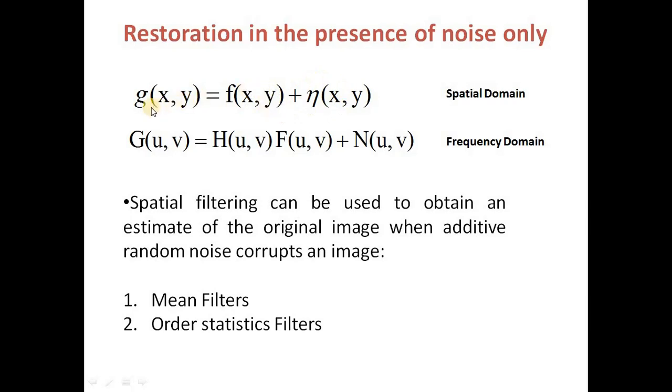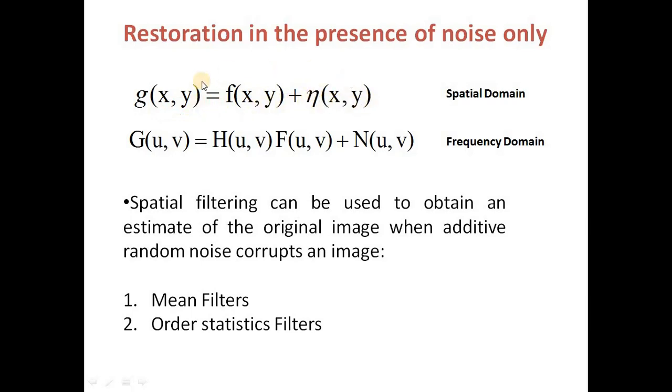So we can express the given degraded image as g of x y is equal to f of x y plus eta of x comma y. In the degradation model, we have in general been representing g of x y as f of x y convolution h of x y plus eta of x y.